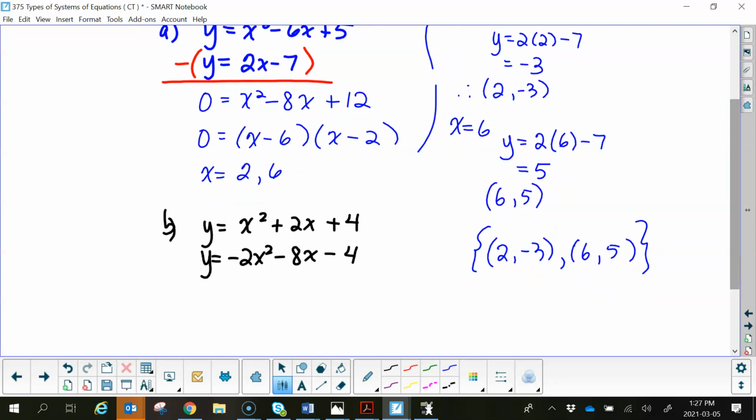Okay, take a look at the next one. Quadratic, quadratic. So again, if you use elimination, eliminate the y's.